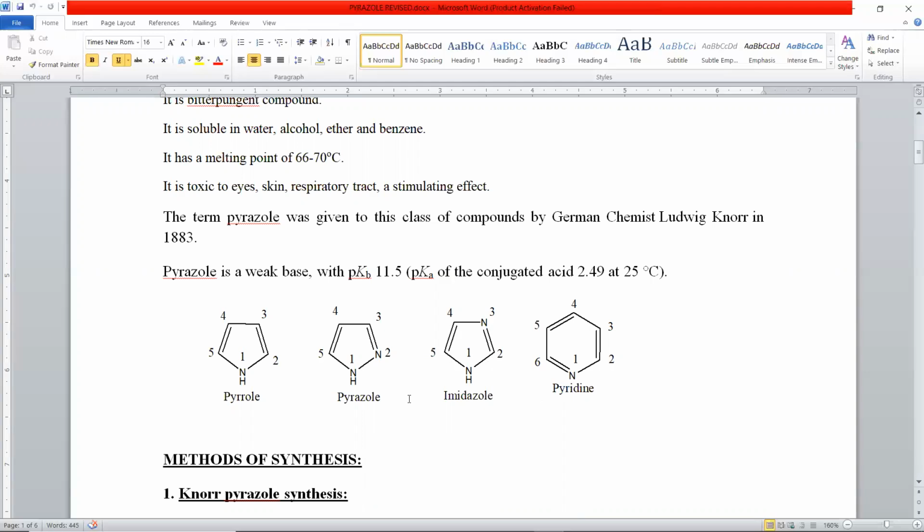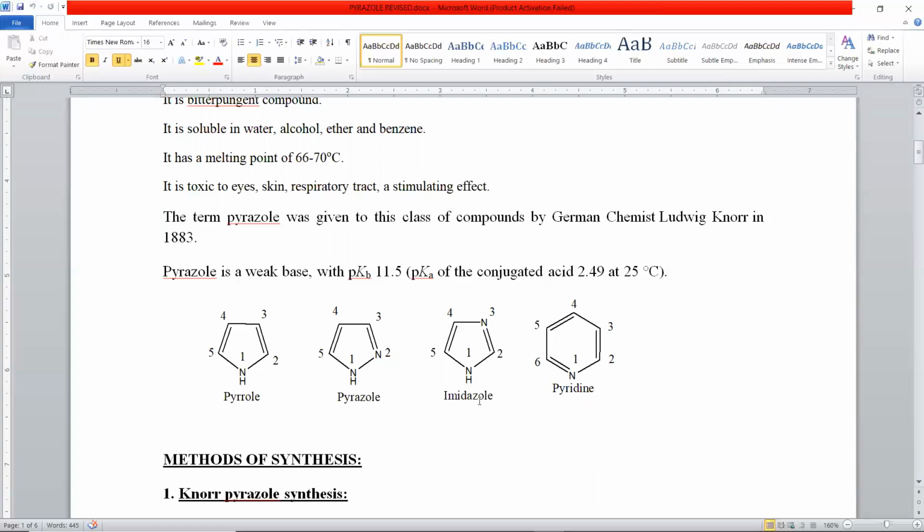If we compare the basicity of these compounds with each other, pyrrole is less basic compared with pyrazole. Pyrazole is less basic compared with pyridine, and pyridine is less basic compared with imidazole.